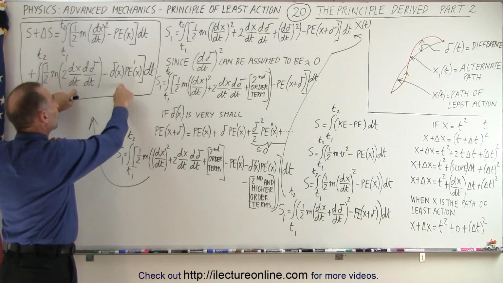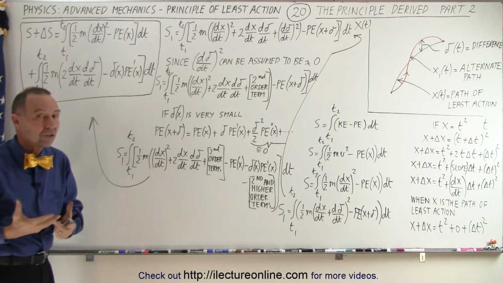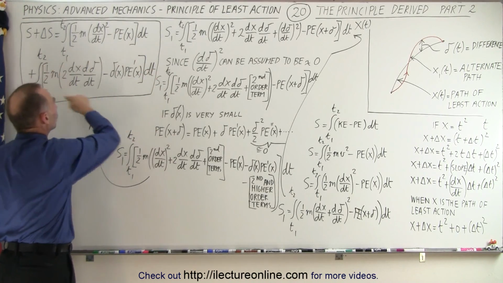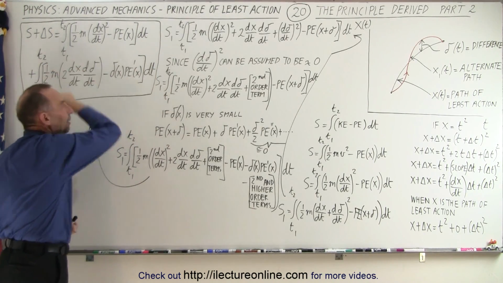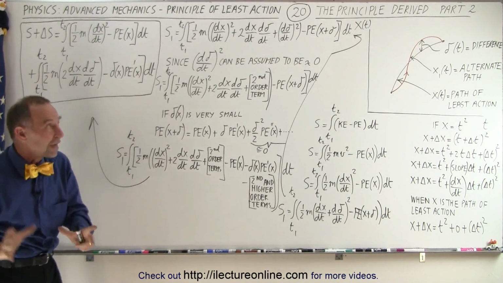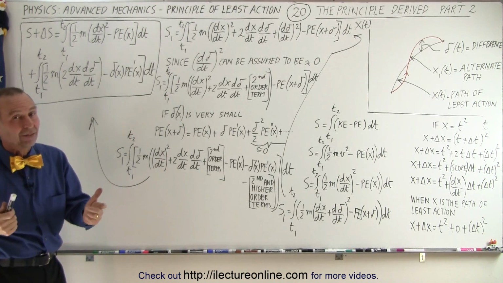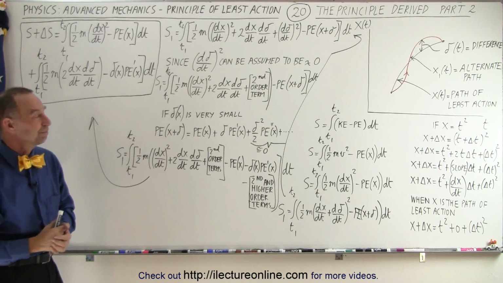If they don't go to zero, we're not on the path of least action. If they do go to zero, we are. So this is going to determine whether or not we're on that path, and that's how we define the principle of least action. And that's how we derive it. That's how it's done.